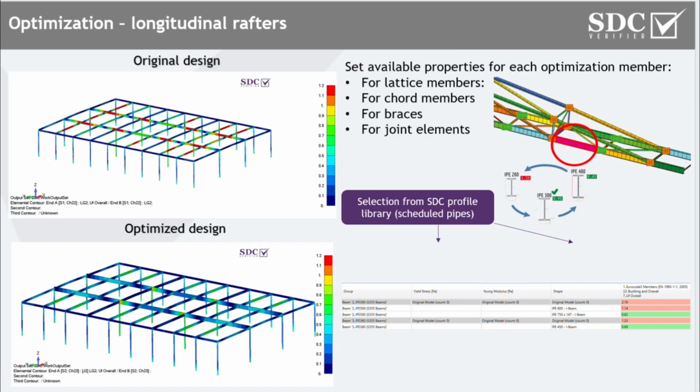On this screen you can see the original design and the optimized design. So with the SDC Verifier we can find the proper cross-section which helps us to pass the standard requirements of the Eurocode.